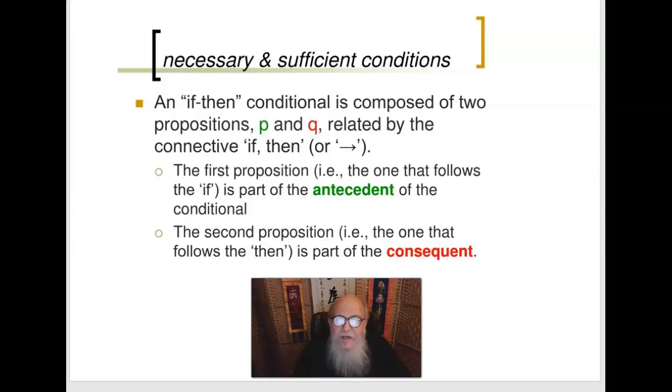Now remember that an if-then conditional is composed of two propositions, P and Q, related by the connective if-then, or the arrow. The first proposition, the one that follows the if, is called the antecedent of the conditional, and the second proposition, the one that follows the then, is called the consequent.